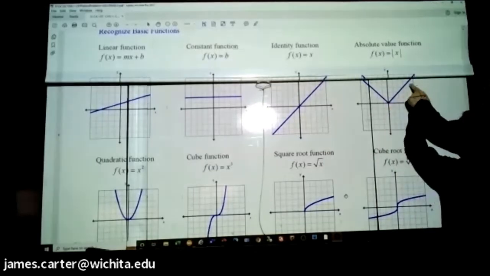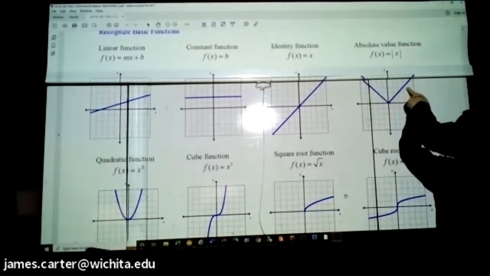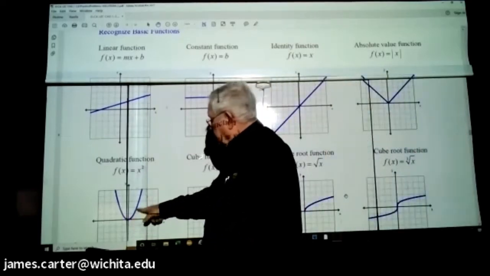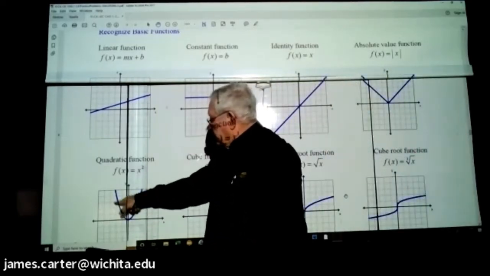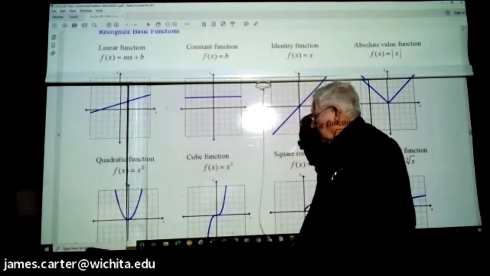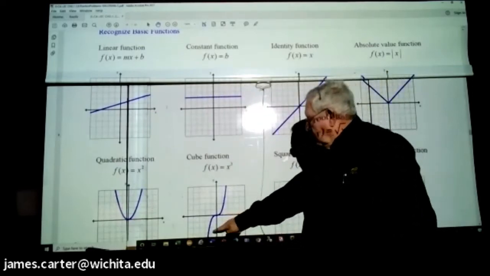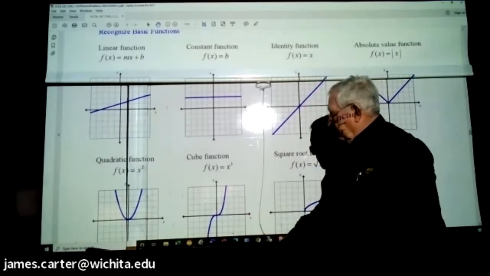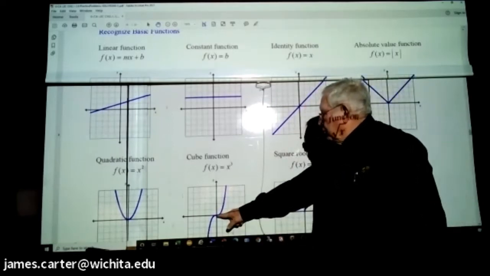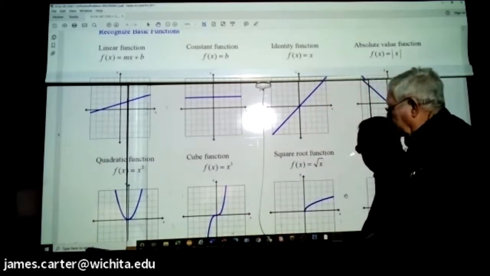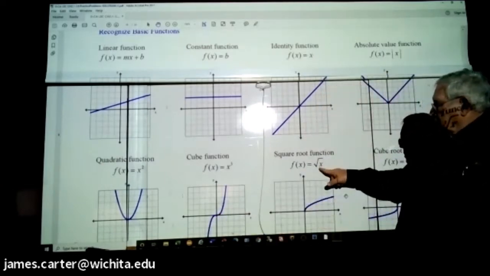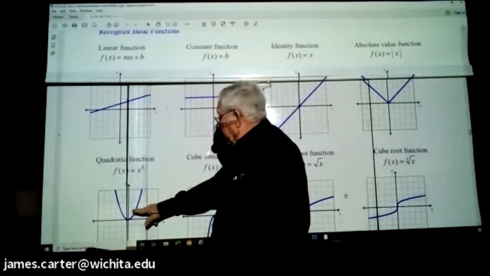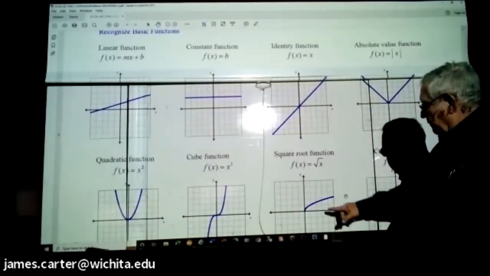Absolute value is your classical 45-degree V. X squared is your parabola with vertex at 0, 0. X cubed takes this shape, passing through 0, 0 right there. Okay, square root of x is half of this one at a 90-degree angle.